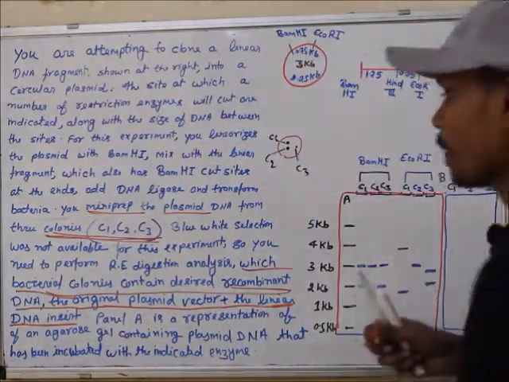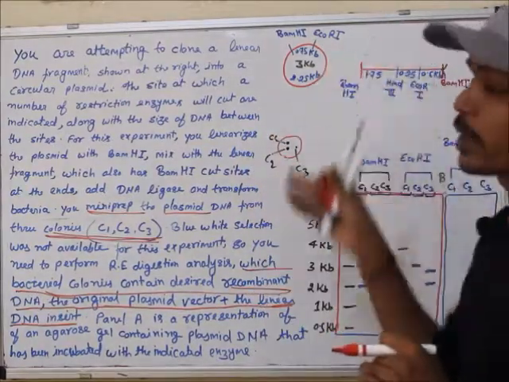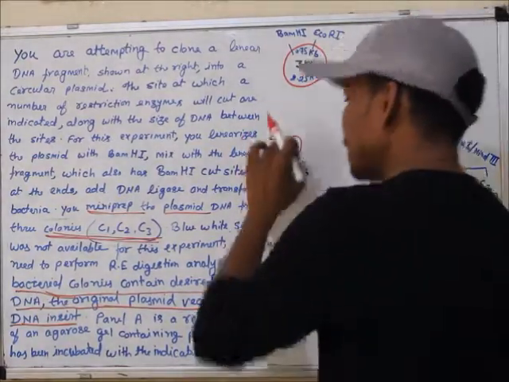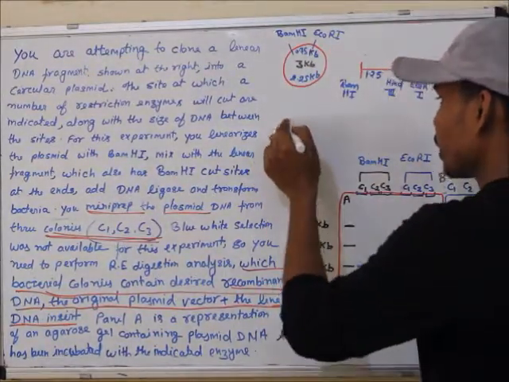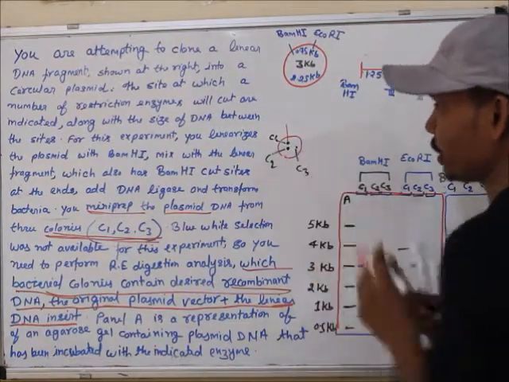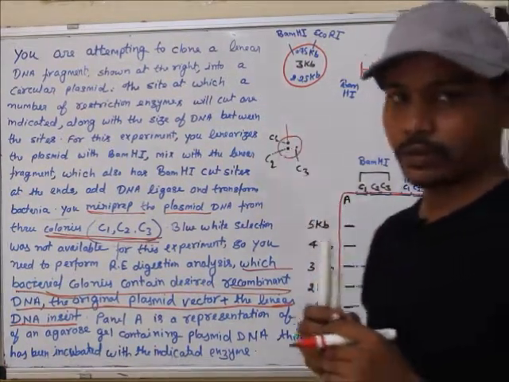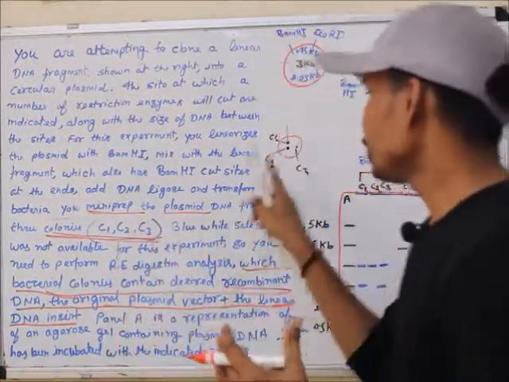The question says there are 3 colonies, C1, C2, C3, and the transformation was done with them. Each colony's plasmid is isolated.